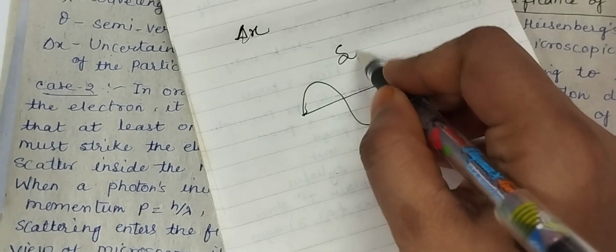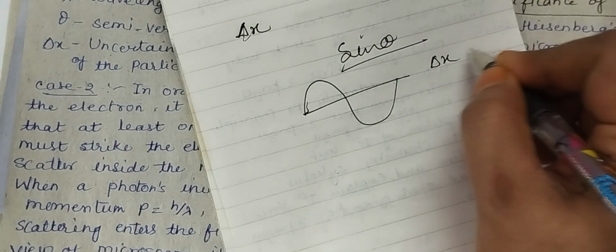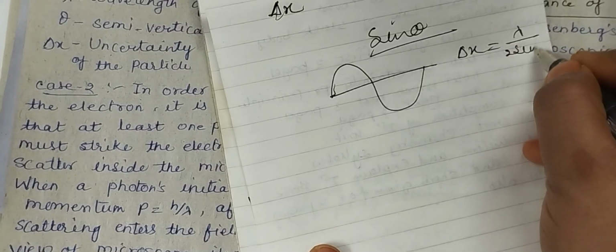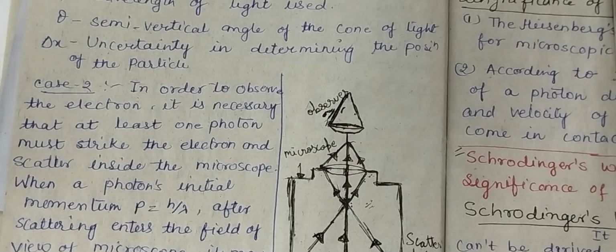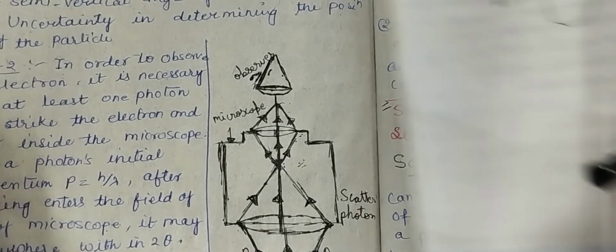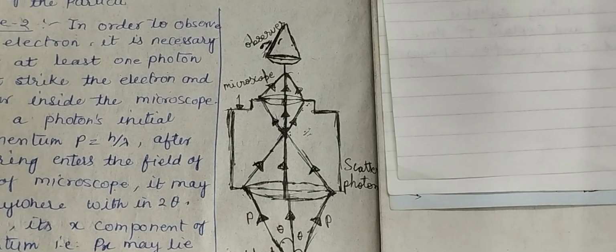Wave nature is only described by sin theta. That's why we are using delta x equal to lambda upon 2 sin theta. Why 2 sin theta? Because we have 2 times 1 sin theta. That is lambda upon 2 sin theta.